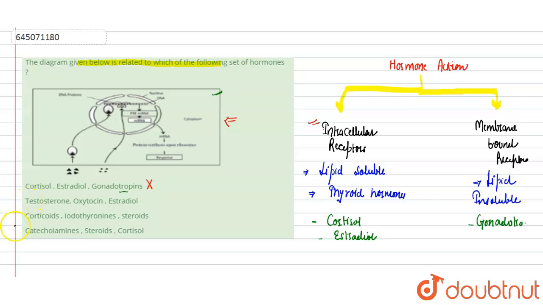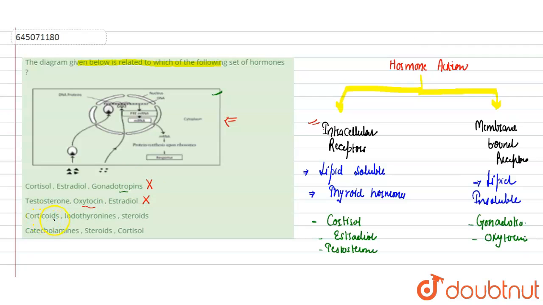Next is testosterone. Testosterone also acts via an intracellular receptor, because it is a steroid hormone. Oxytocin is a peptide hormone. Again it acts via a membrane bound receptor, and estradiol is intracellular. Here oxytocin is the culprit, so that is an incorrect option.